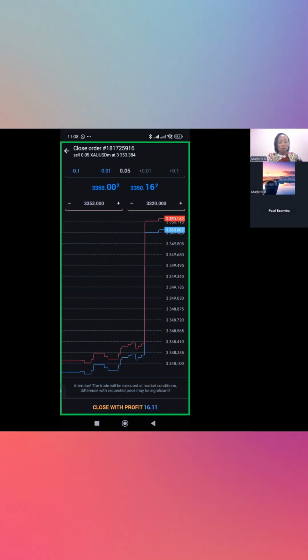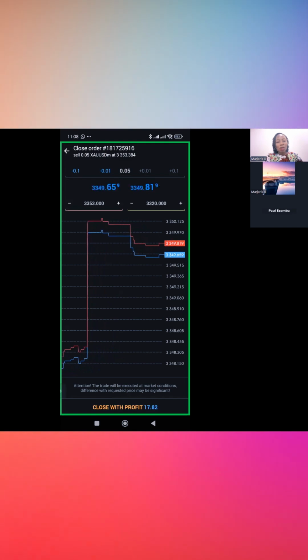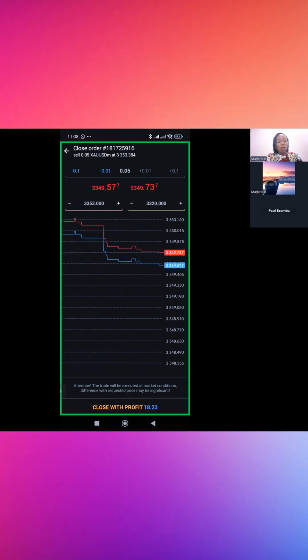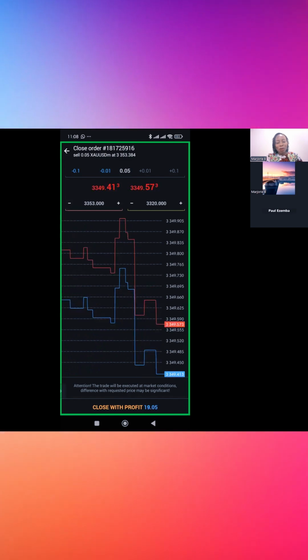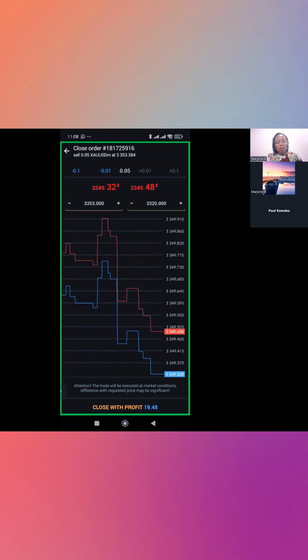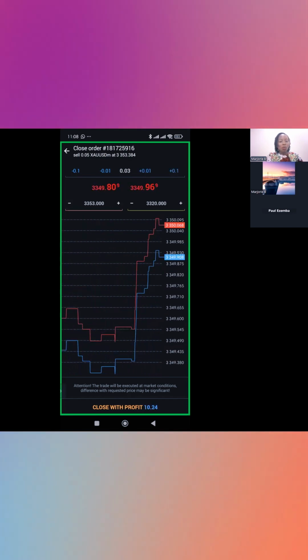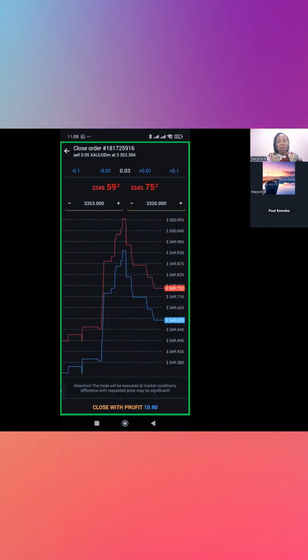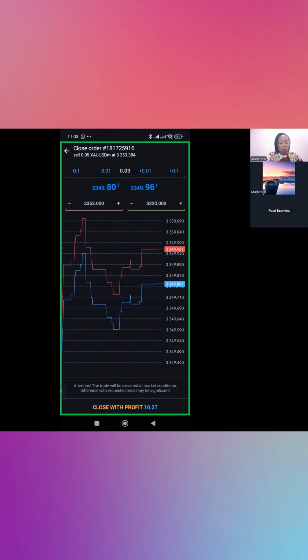It gives you the option of closing the entire trade, but you can also say, I'm going to close 0.03 and leave 0.02. So you click minus minus. What is highlighted in white is the lot size you're closing with. And you click close with profit.